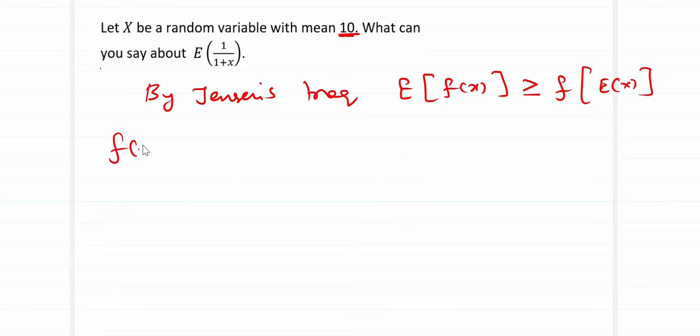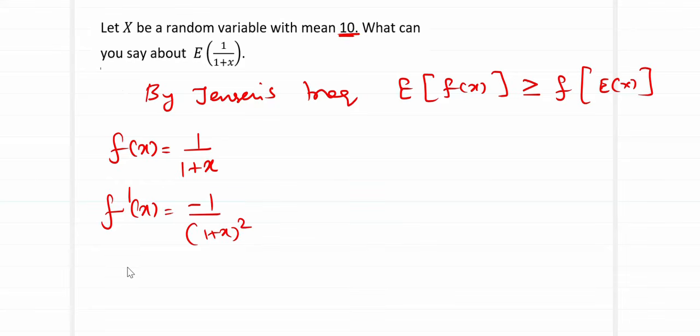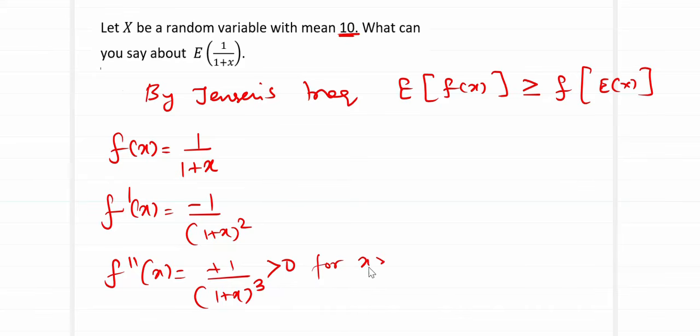So let me first consider f of x to be 1 divided by 1 plus x. I can apply Jensen's only if this is going to be convex. So f dash of x is going to be minus 1 by 1 plus x the whole square, and f double dash of x will be positive 1 divided by 1 plus x the whole cube, which is obviously greater than 0 for 1 plus x greater than 0.